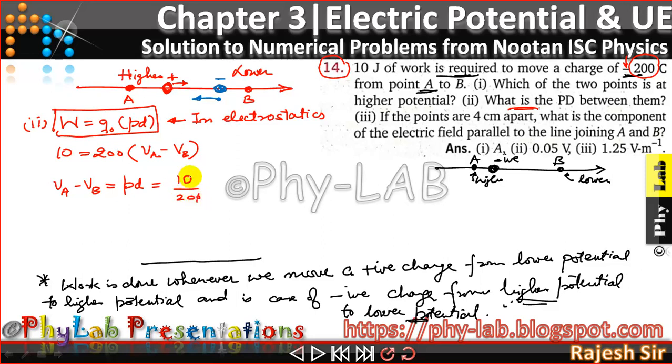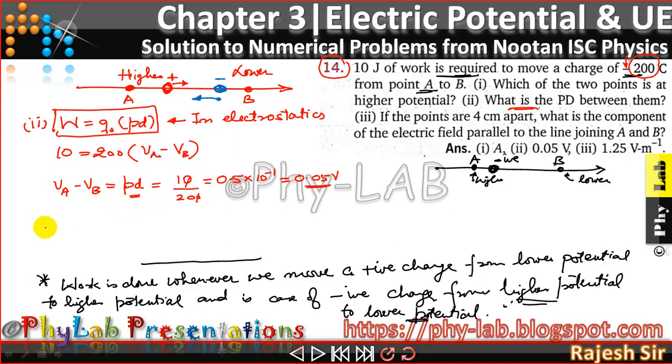So that makes it 0.5 into 10 to the power of minus 1, or simply 0.05 volt. So that is the potential difference between the points A and B, A being at higher, B being at lower potential.